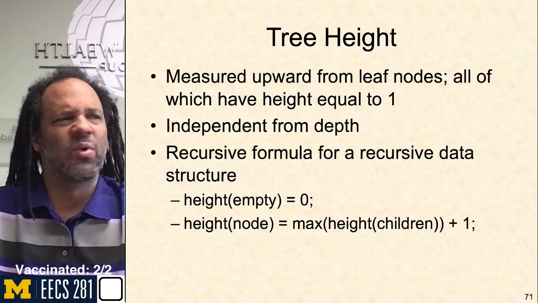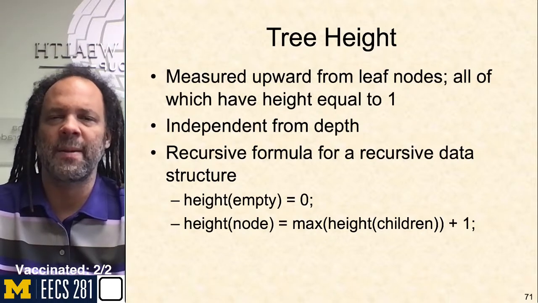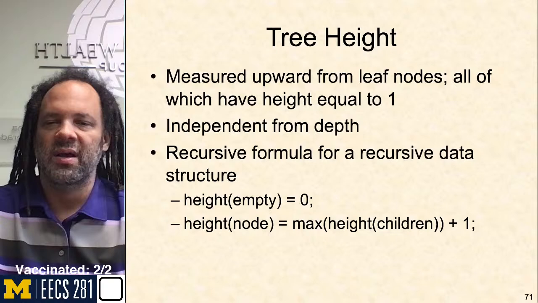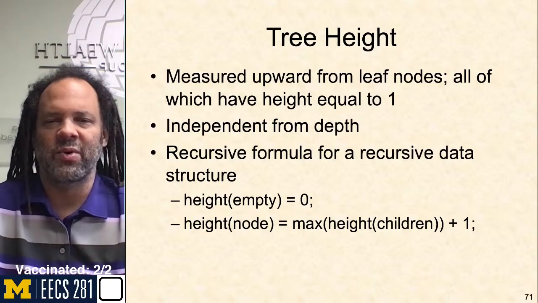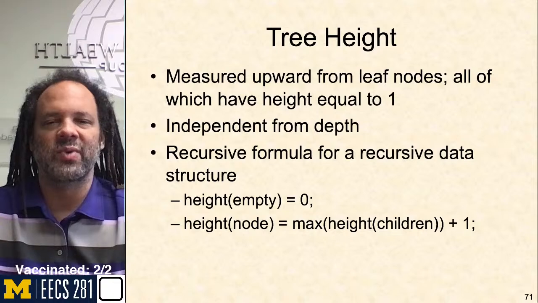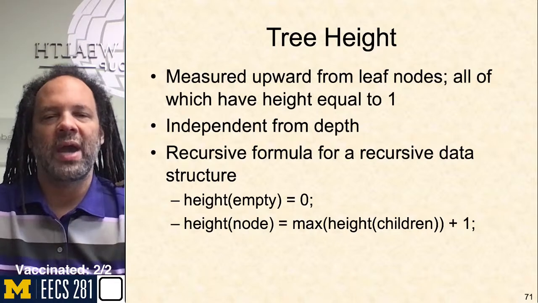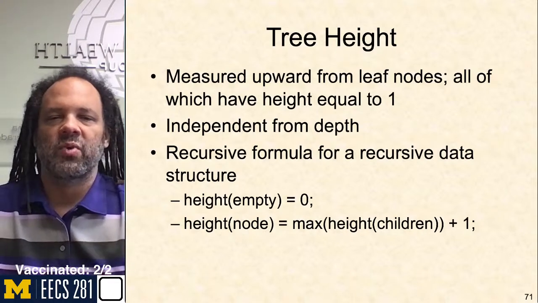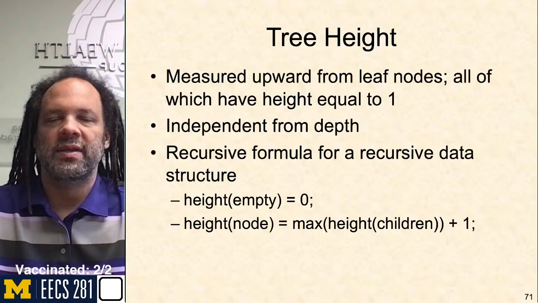You say, well, how do you work your way up in a binary search tree unless you have a parent pointer? I mean, you said we weren't going to use parent pointers very much at all. And we still can get away without a parent pointer because we have to look at the recursive nature of this tree.